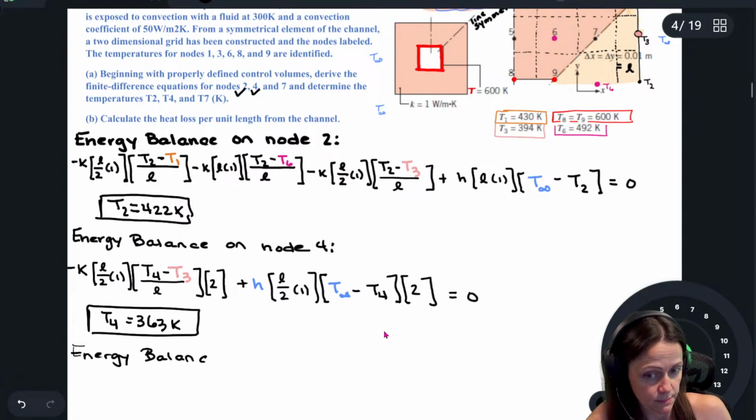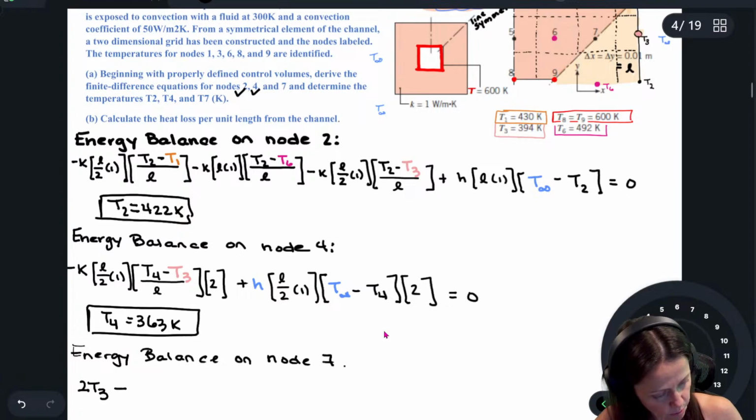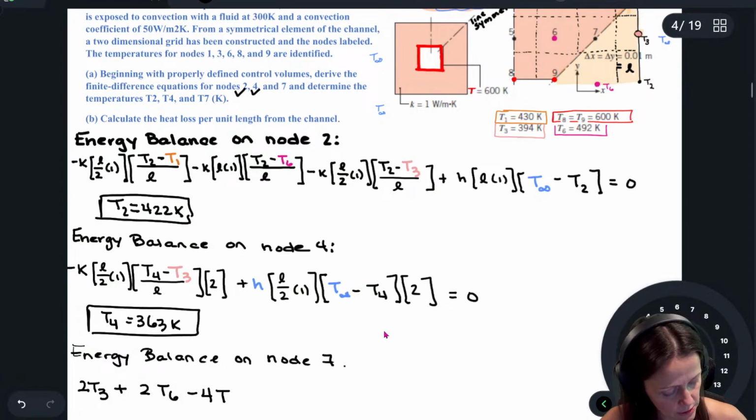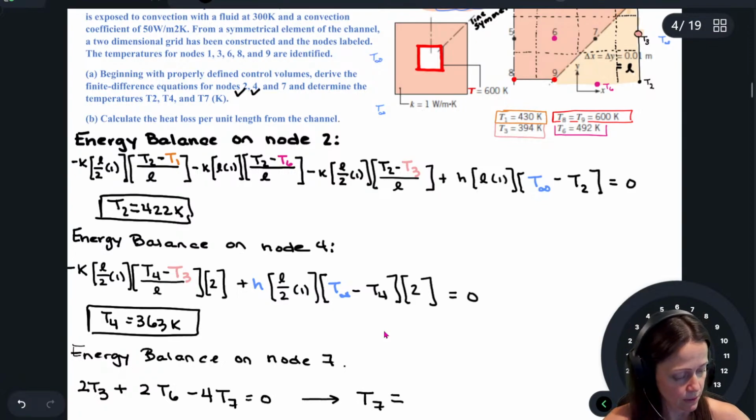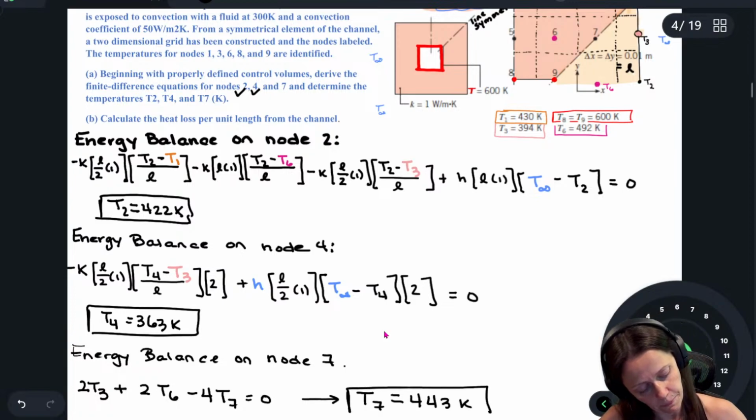Energy balance on node 7. All right, interior node. So I have 2 times T3 plus 2 times T6, because I have 2 of each of those, minus 4 times the node of interest, which is T7, and all of that is equal to 0. And so one equation, one unknown. I get a temperature for node 7 of 443 Kelvin. Perfect.